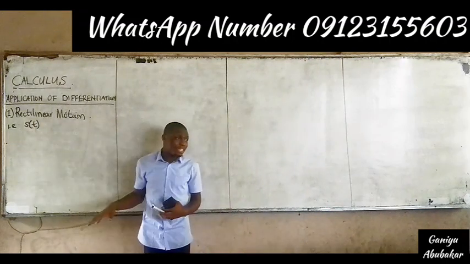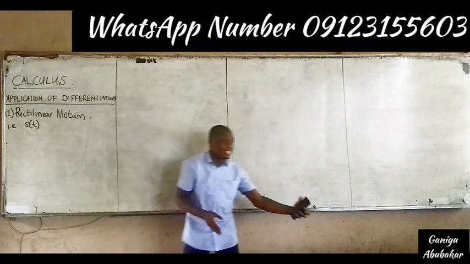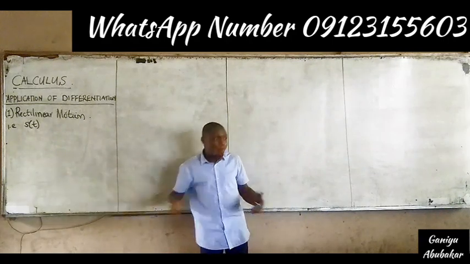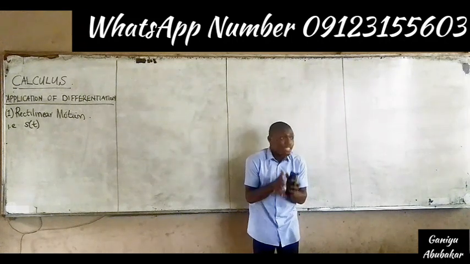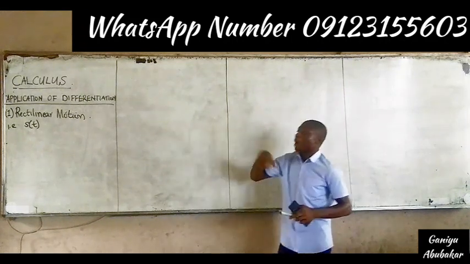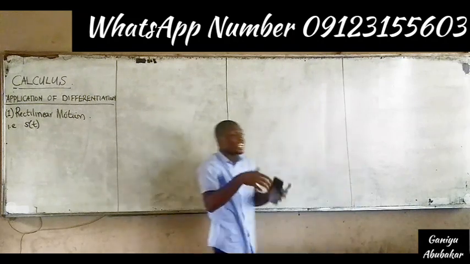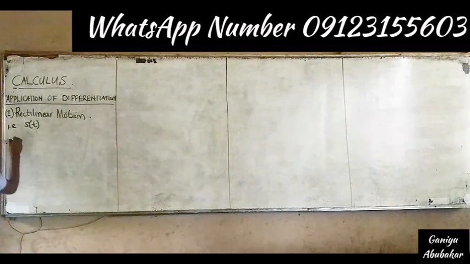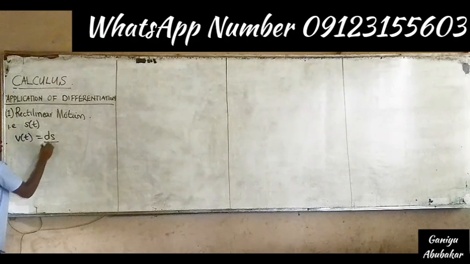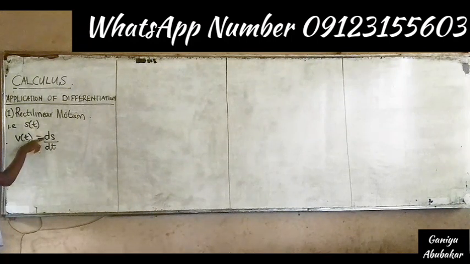There's a difference between distance and displacement, but for this concept we assume that they are the same. So velocity is the rate of change of displacement, so v of t is equal to ds over dt. The rate of change of displacement over time.